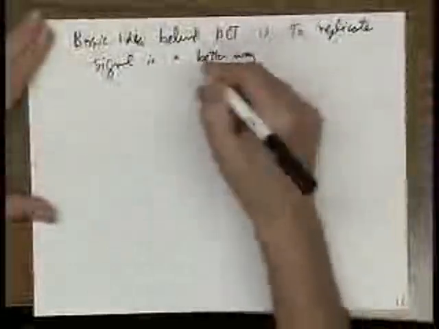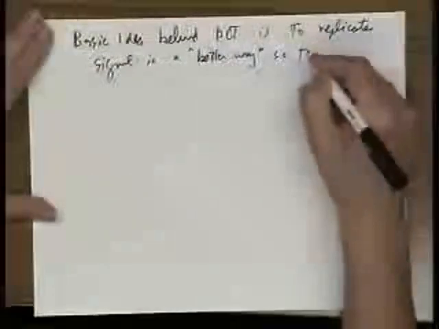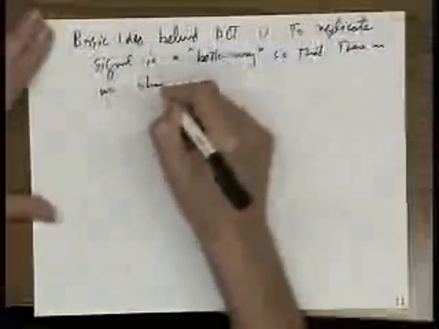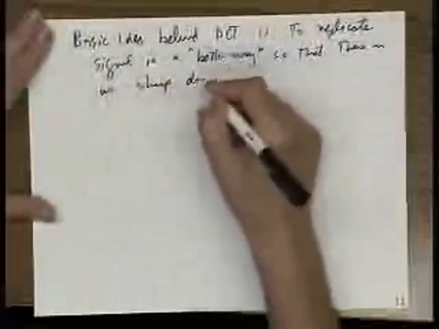So the basic idea behind DCT is to replicate the signal in a better way so that there is no sharp discontinuity.